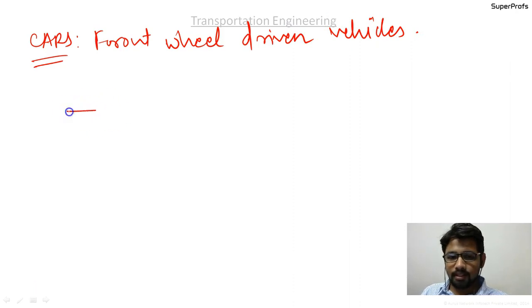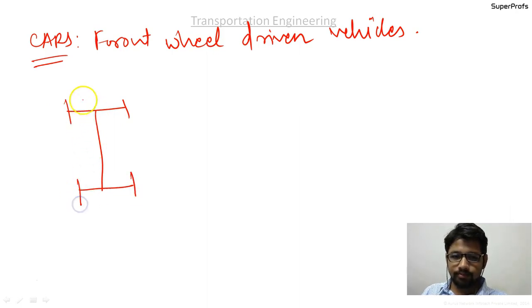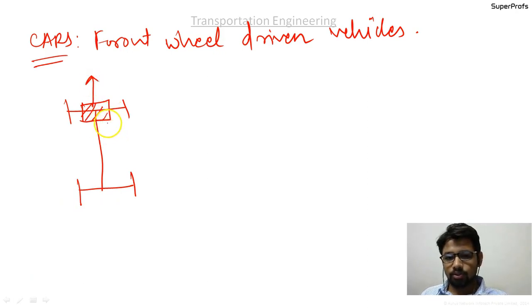So if this is a car, the engine is connected to the front wheel. Okay, front wheel. So even if the car takes a turn like this, the engine also has to turn.